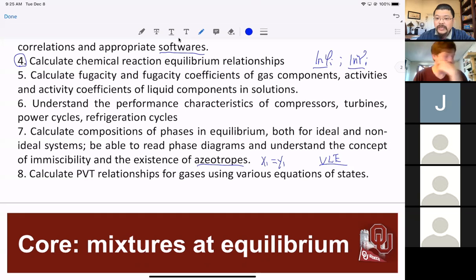And also on top of that, we were talking about the ideal gas equation, the van der Waals equation of state, and other general cubic equations, including the virial equation, and the corresponding states principles. So we introduced two different types of corresponding states principles, 2 parameter and 3 parameter, thanks to Pitzer, right? So those would be the calculations.